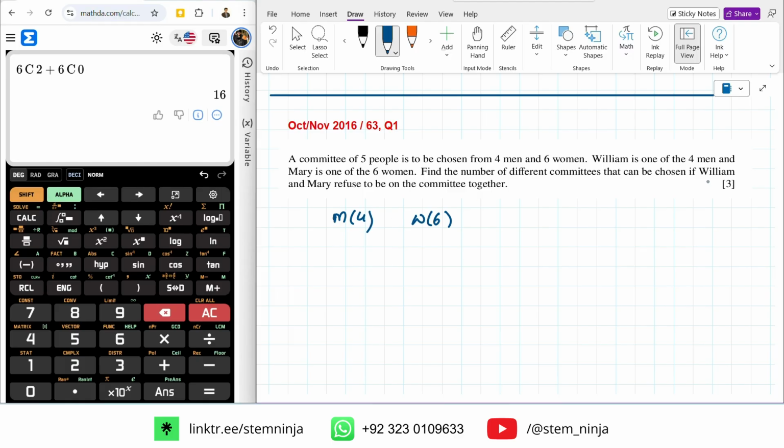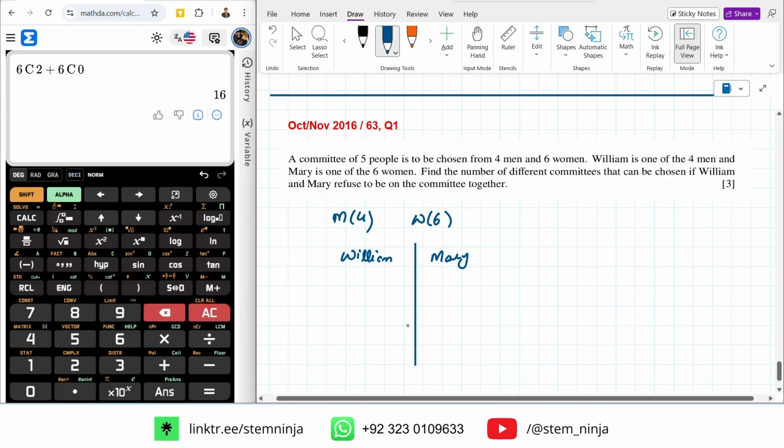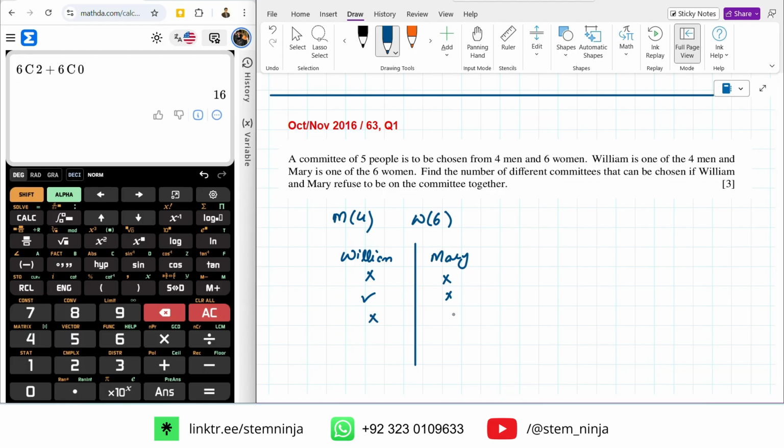Okay, so this is easy, because there's a possibility that neither of them are on the committee. So we can say that we can make different possibilities for William, Mary: neither of them, one of them, the other one of them. This is very easy to figure out.